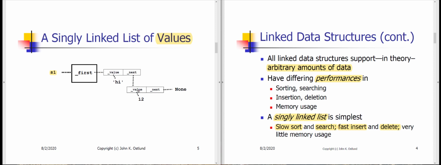In this particular example, though, on slide 5, _first is referring to a singly linked list node containing two data attributes.